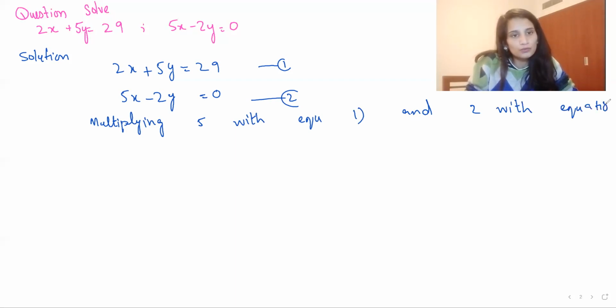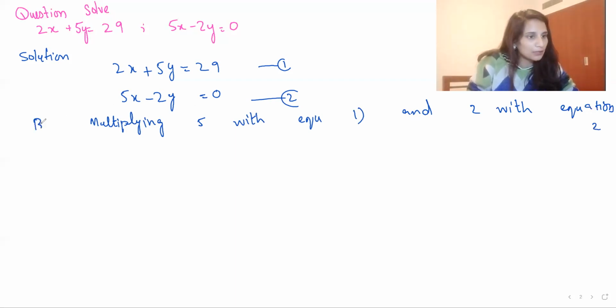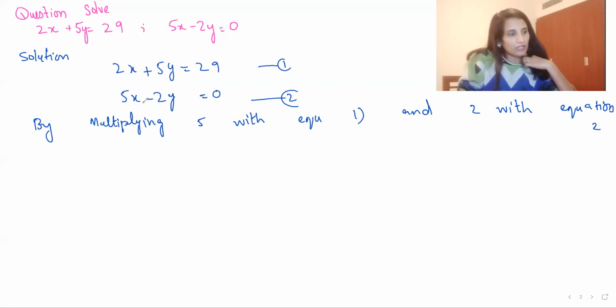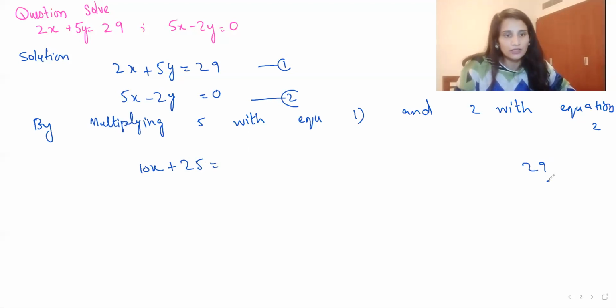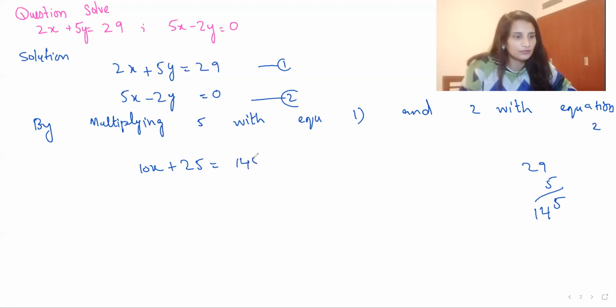By multiplying 5 with equation 1, 5 twos are 10x, 5 fives are 25y is equal to 29 fives are 145.